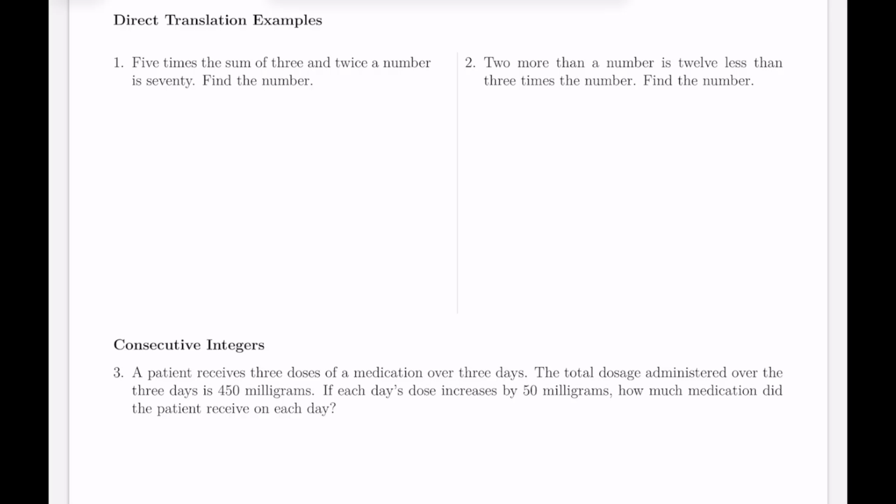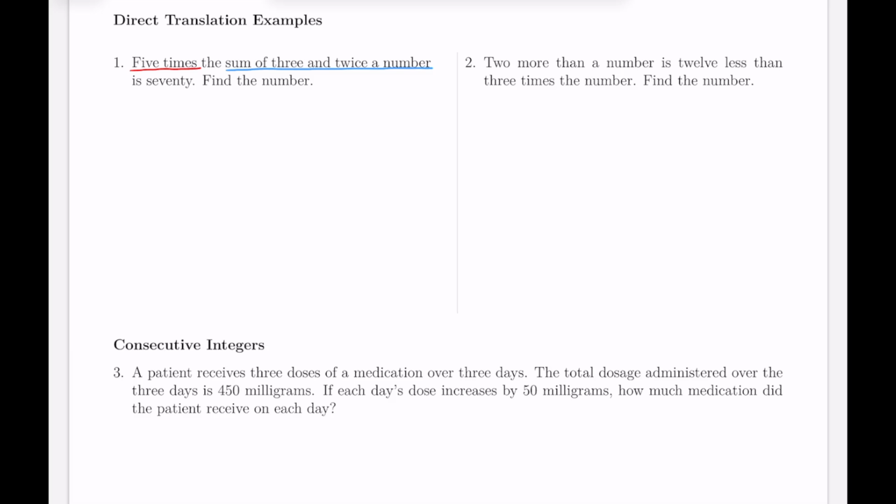Or 30, -2. I don't know. But I see 5 times. Okay, so that's something important. 5 times something. What am I going to be taking 5 times? Well, I'm going to be taking it times the sum of 3 and twice a number.